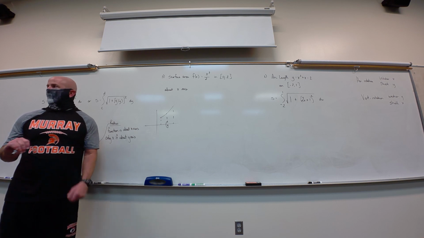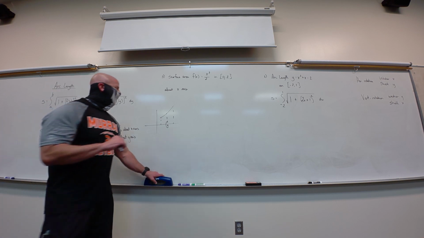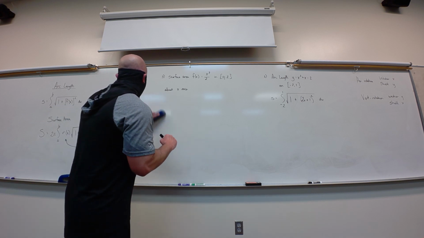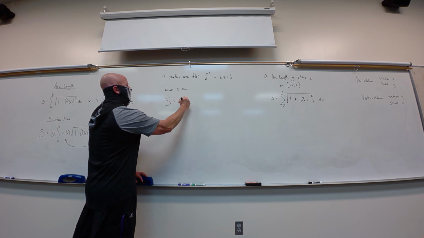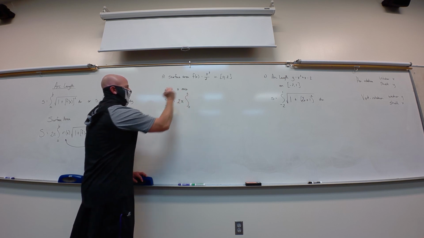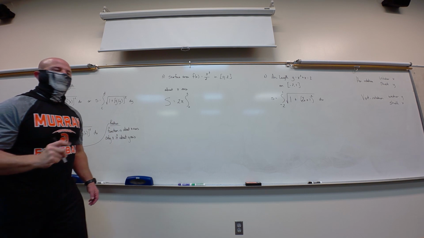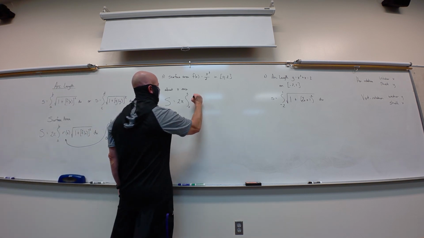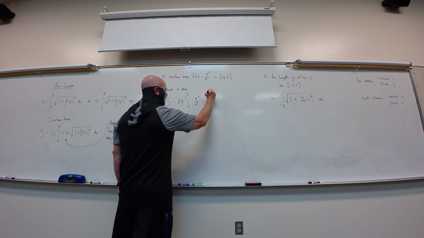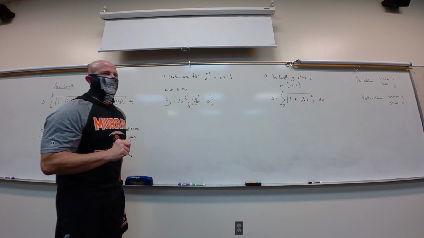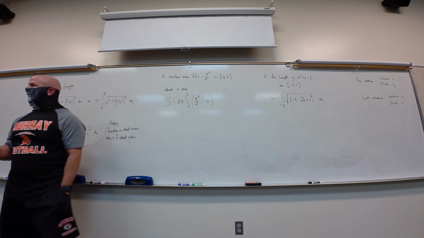So similar to that shell method. We'll get a couple setups here. For the x-axis, we're going to have 2 pi, integral from 0 to 2, my function, x cubed over 2. What I want you to do to start with is put that -0, because that'll remind you it was the x-axis.